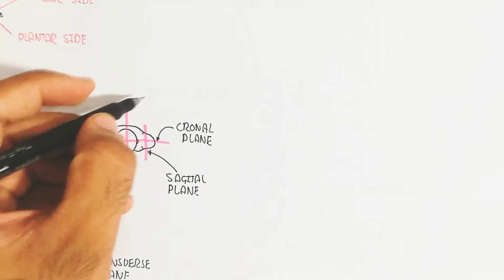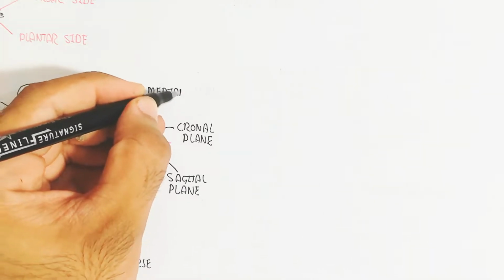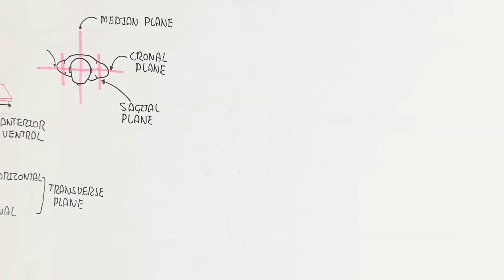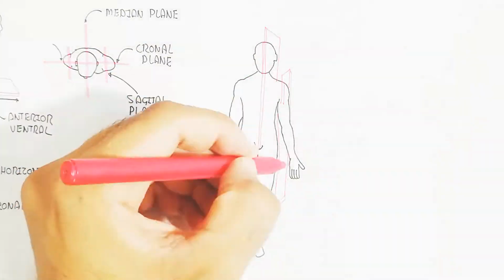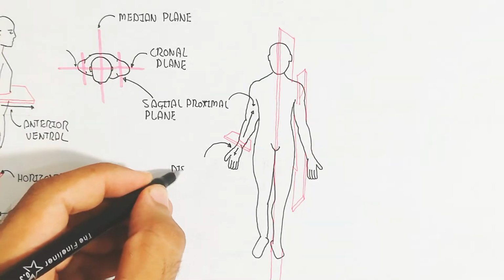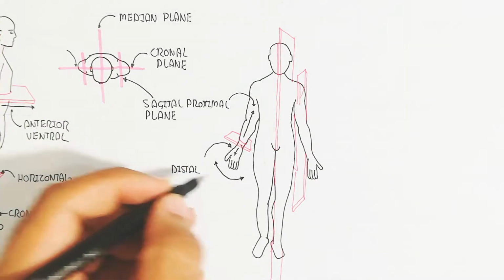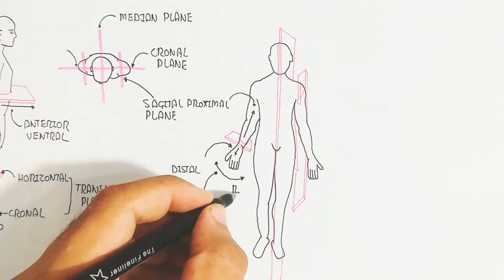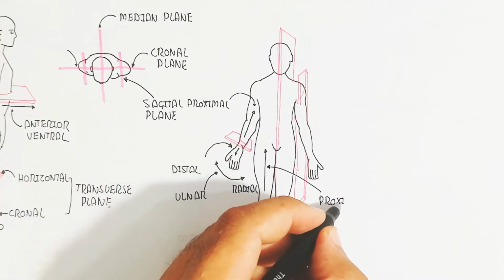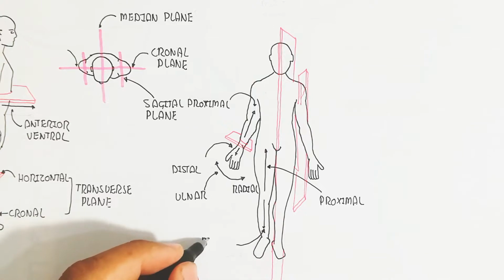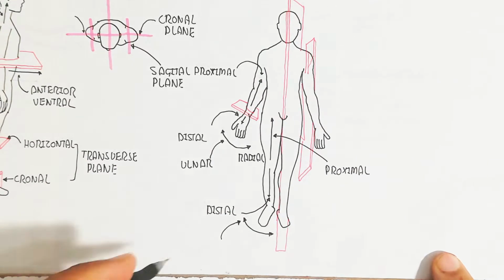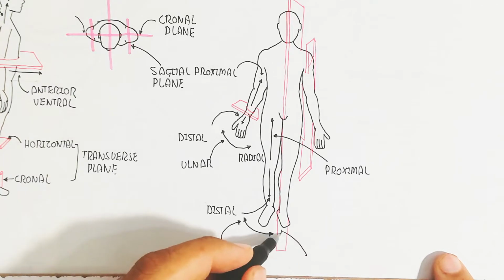The sagittal plane, the coronal plane and the median plane: we are watching the person from the upper side, from the roof. Remember, this is the proximal and distal side of the arm, and this is the leg, proximal to distal. The distal is away from the body and the proximal is toward the body.